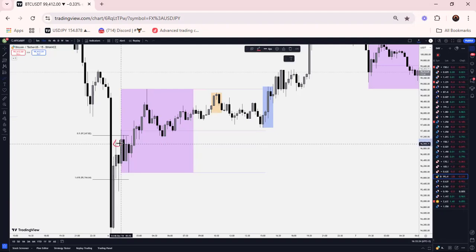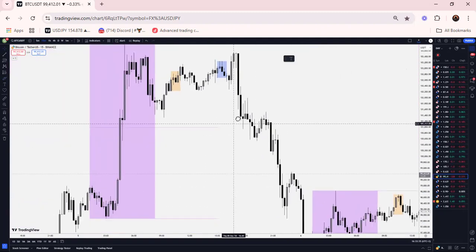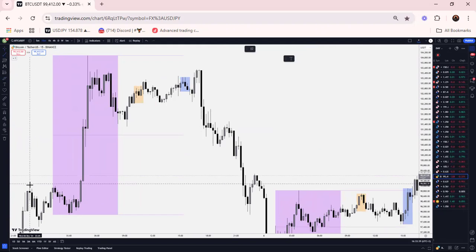As you can see, price gives you some liquidity here, gives you a reaction from here. Same thing. If you use imbalance, you have a level here from that one to that one.